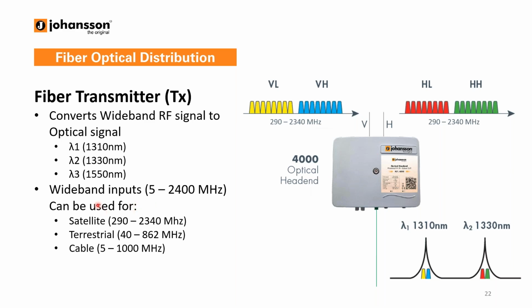So this means that you can use our optical solution for different applications. You can use it for satellites, you can use it for terrestrial, even you can use it for cable. As long as the frequency range which is entered is within this range, then it's okay. Of course, keep in mind for cable, there is no return path, so it's only one-way direction. So you can only use it for cable TV and not for internet or so.